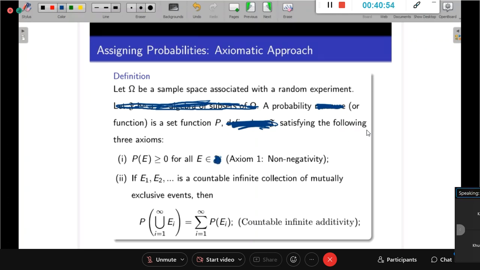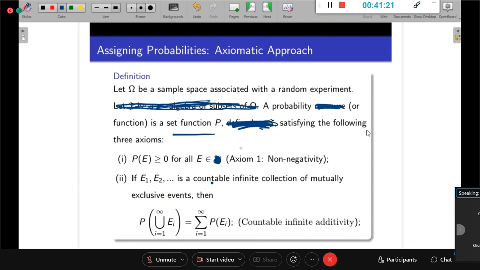Let omega be a sample space associated with a random experiment. So a random experiment has been performed, and you noted down all the possible outcomes that we denote by capital omega. A probability, as we have seen previously, is a function, and indeed a set function.